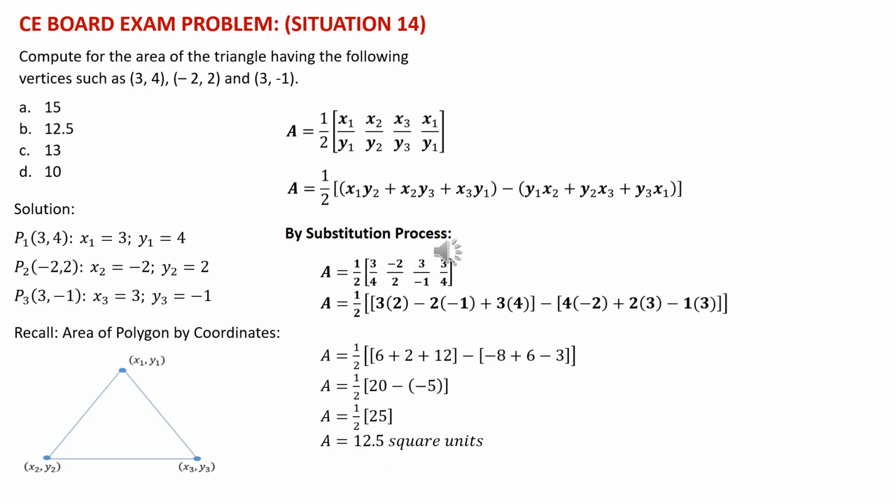By substitution process, all we have to do is to substitute all the values of point 1, point 2, and point 3, wherein we have x1 as 3, y1 as 4, x2 as -2, y2 is equal to 2, x3 equals 3, and y3 equals -1 in the given formula of area of triangle by coordinates, wherein our final answer to this given board exam problem will be 12.5 square units.